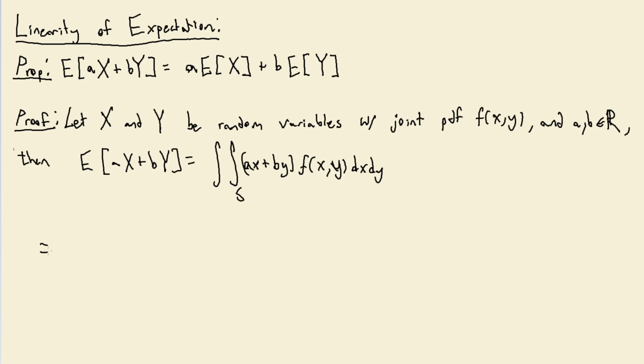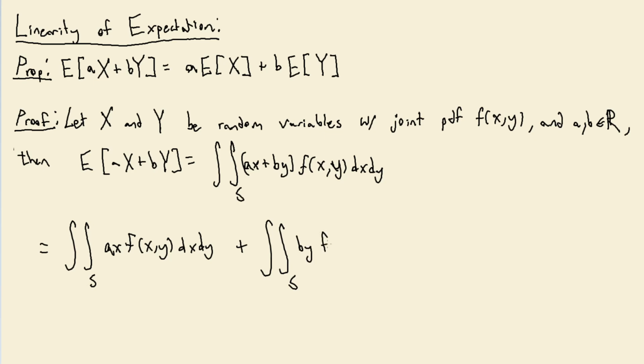And so the way this is going to work is we'll have two integrals. The first one will be ax times the joint probability density function, with respect to x, with respect to y, plus the second one, where once again we have to integrate over the support for both of these random variables, but here we have by times f(x,y) with respect to x, with respect to y.